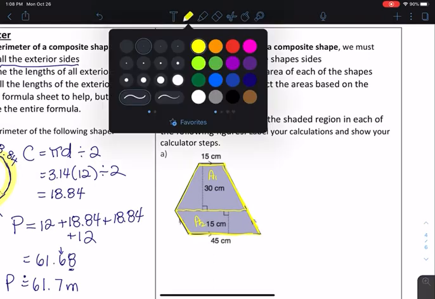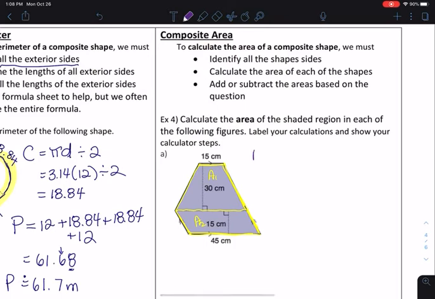So let's go about finding the area of each of those. A1 is a trapezoid. Its area is 1/2 of the top, which is 15, plus the bottom, this side, which is parallel to this one, so it's 45, times the height, which is 30.